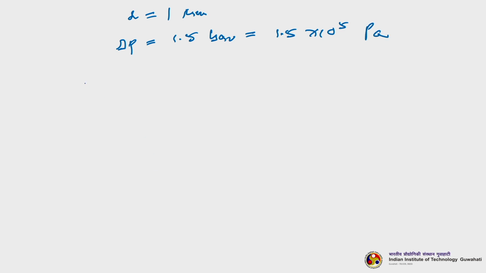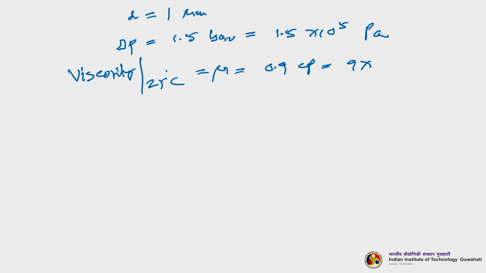Viscosity at 25 degrees centigrade, that is mu, equals 0.9 Cp equals 9 into 10 power of minus 4 kg per meter second. Then membrane thickness Lm is given as 70 micron.